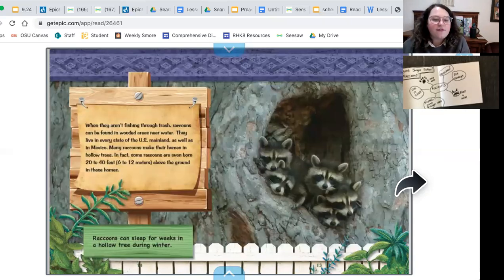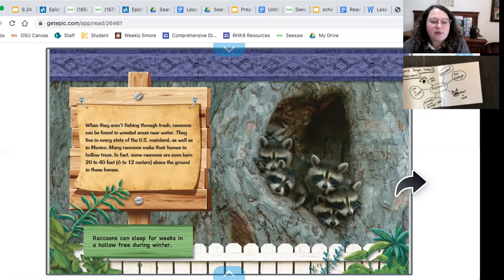When they aren't fishing through trash, raccoons can be found in wooded areas near water. They live in every state of the US mainland as well as Mexico. Many raccoons make their homes in hollow trees. In fact, some raccoons are even born 20 to 40 feet, 6 to 12 meters above the ground in these homes.